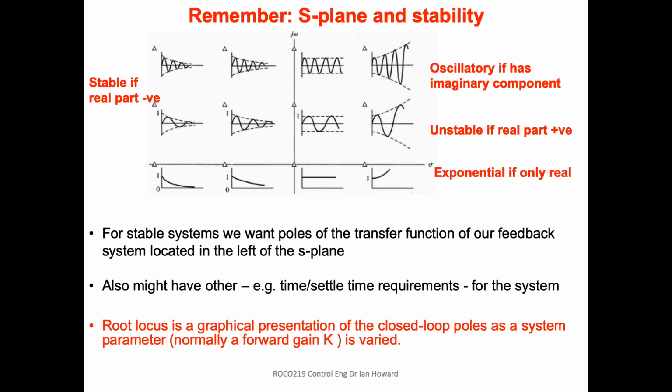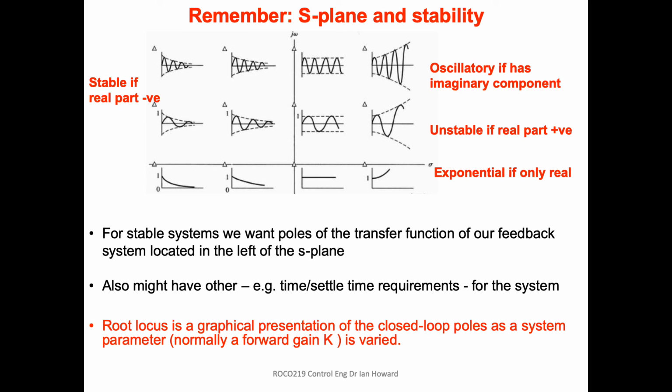So the idea of root locus now is going to be that we can actually work out where the poles of the system are going to be in a feedback system as a function of the forward gain in the system. So as we change the gain, we change the location of the poles, and we'll be able to see by plotting where the poles are and what their trajectories look like as a function of the gain, what the system's going to be doing.